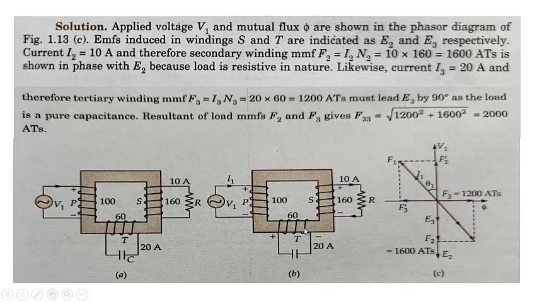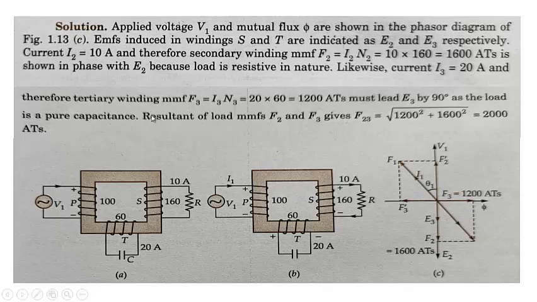E3 and E2 will be in phase. Wait a minute, I don't think it has shown the E2. E2 will be in this direction, E3 will also be in this direction. So F2 will be in this direction, but F3 will be in this direction because of the capacitance. It will be leading this by 90 degrees.